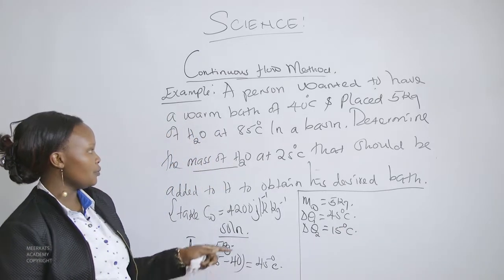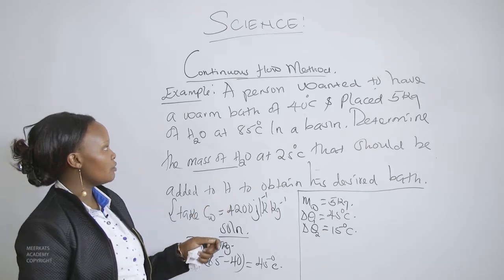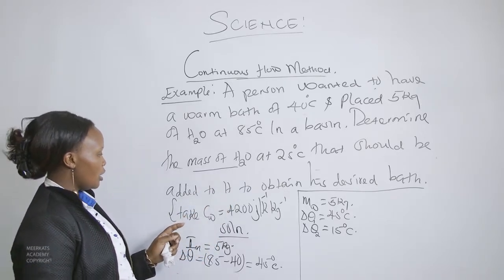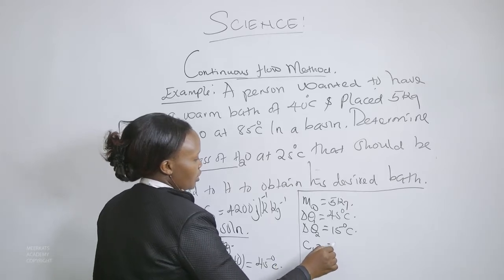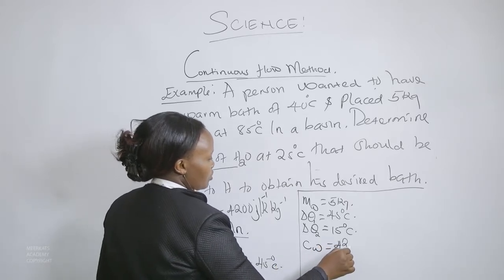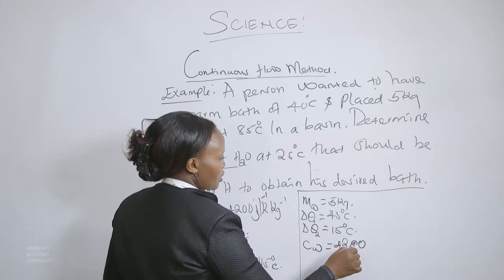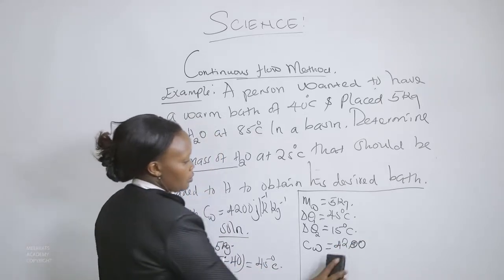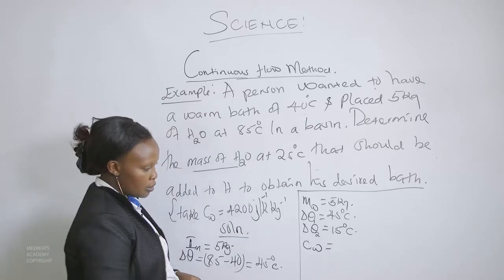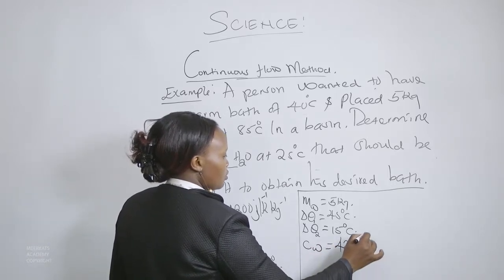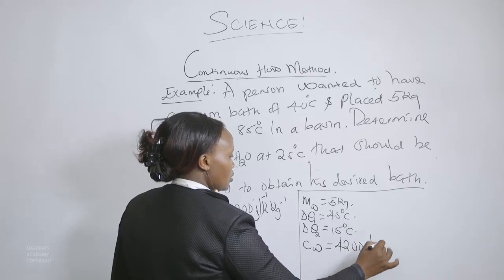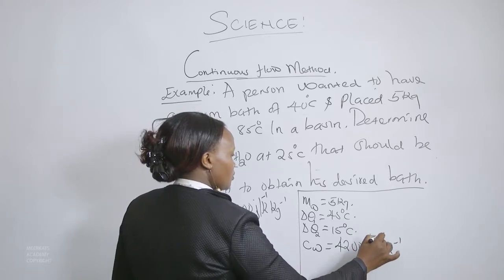Then we have the specific heat capacity of water being given as 4200 joules per kilogram Kelvin.